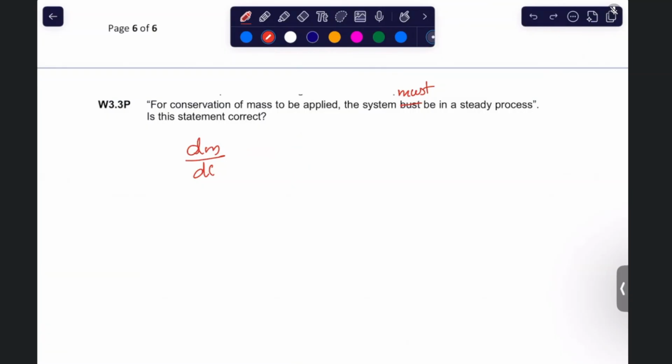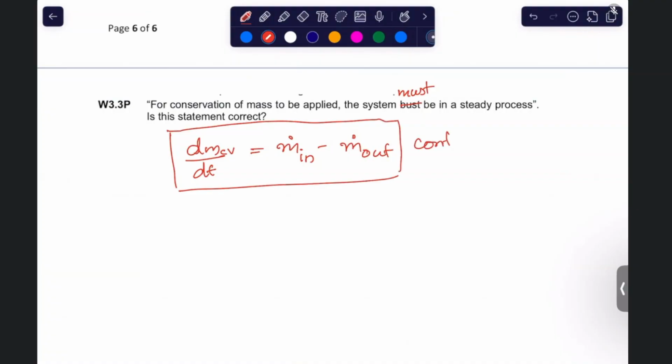If we are taking a control volume, dm by dt equals m dot in minus m dot out. That is the conventional continuity equation.